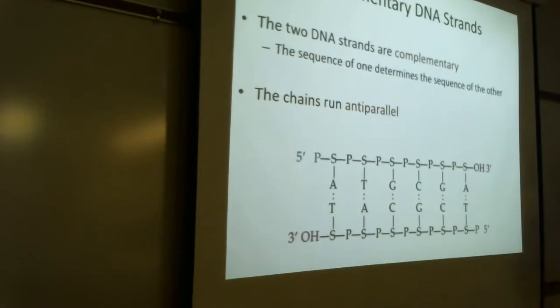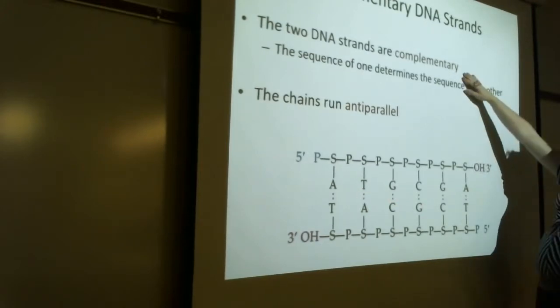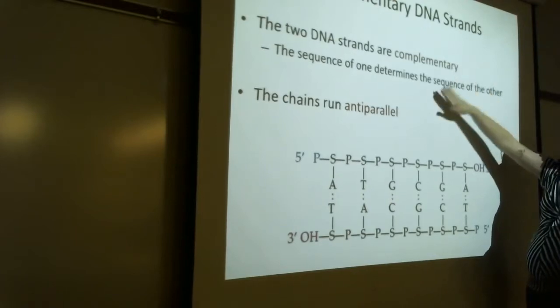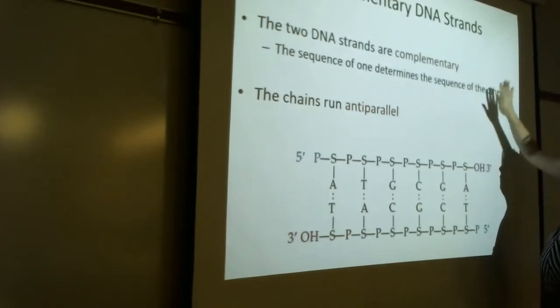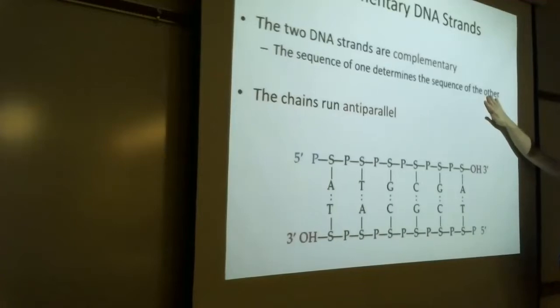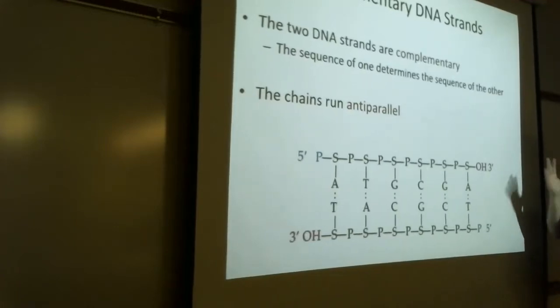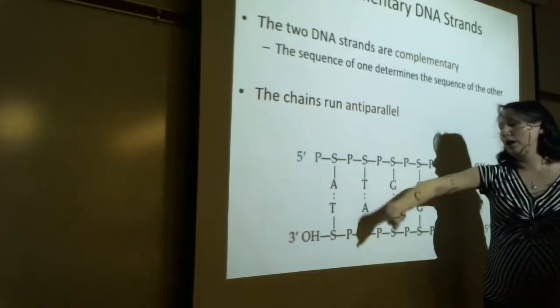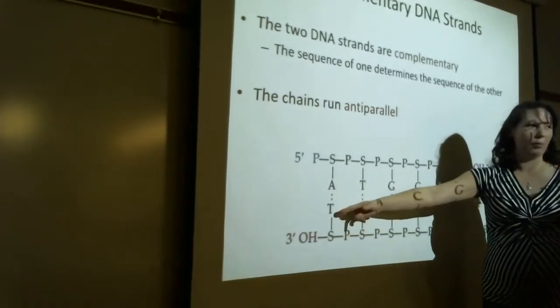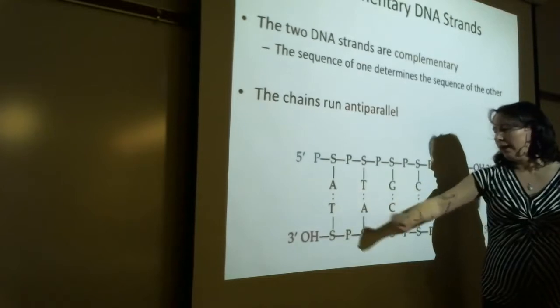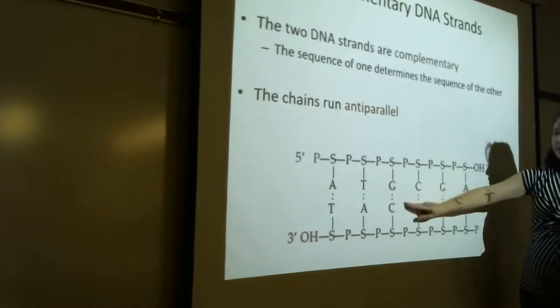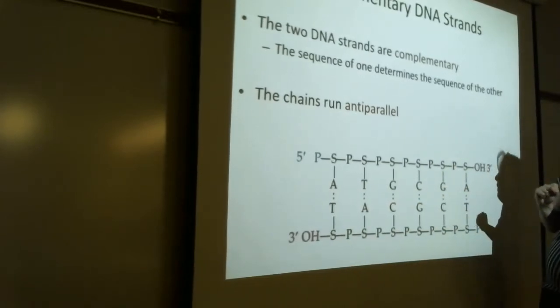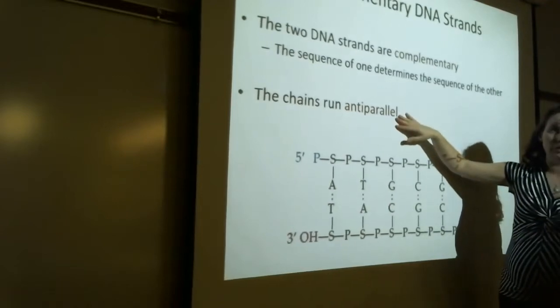So the two chains are called complementary, which means the sequence of one determines the sequence of the other. And you're responsible for knowing who is complementary to who. Okay, you need to know that A is complementary to T, which you probably still know from Bio 1, and G is complementary to C. And then the two chains run anti-parallel to each other.